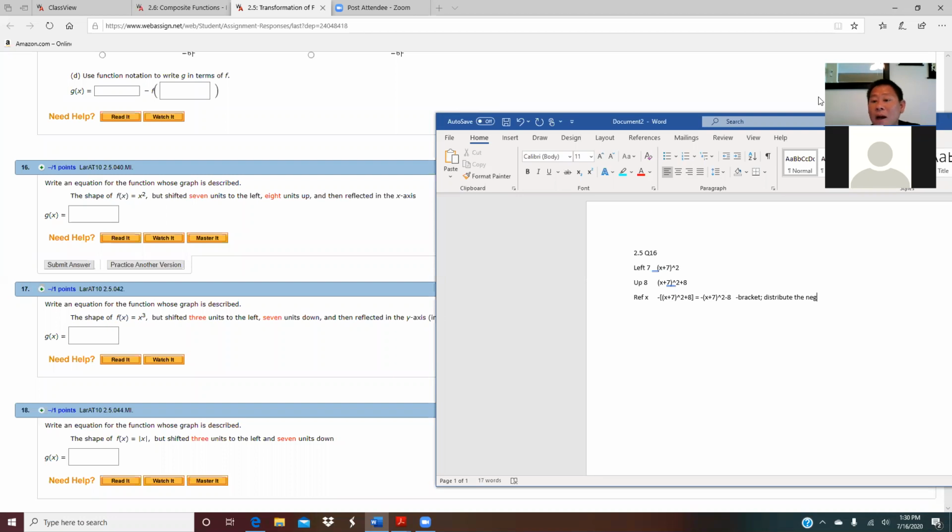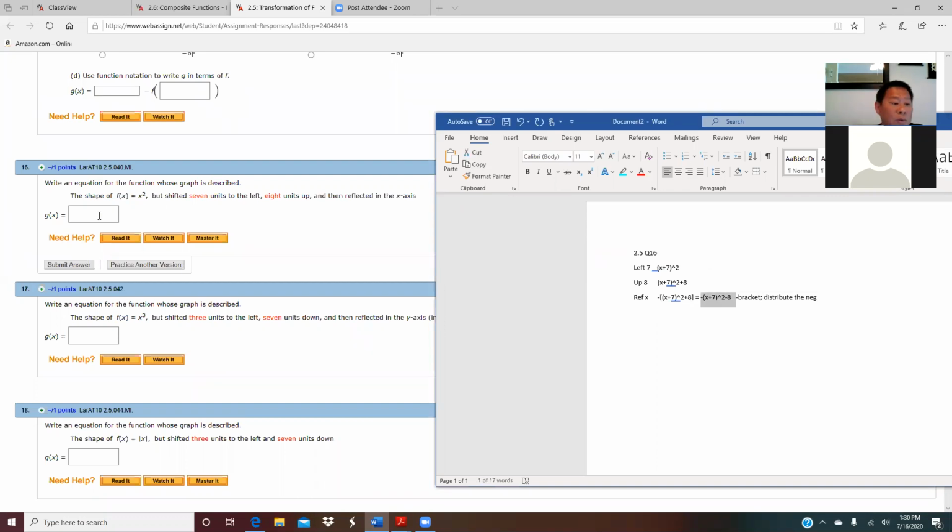So you distribute the negative to x plus 7 squared and 8. The negative will go to x plus 7 squared, and then the positive 8 becomes negative. So this is your answer for question number 16.